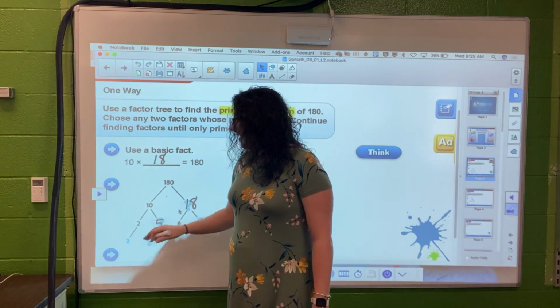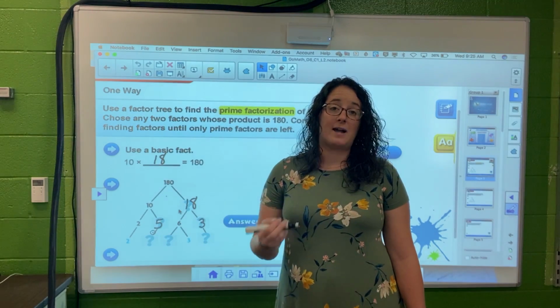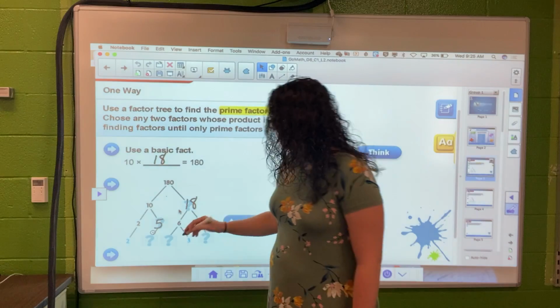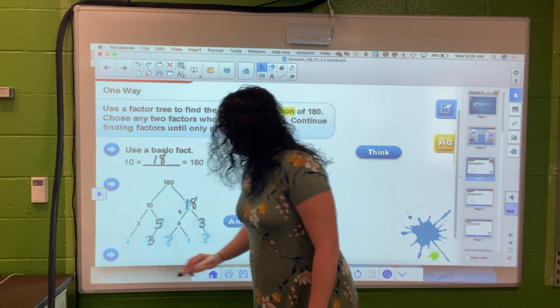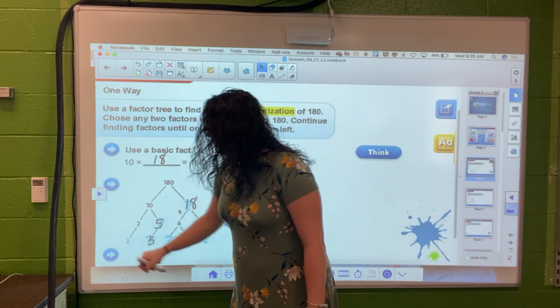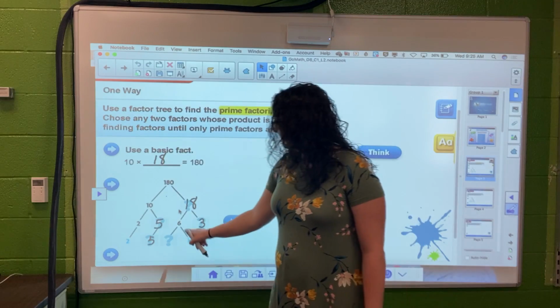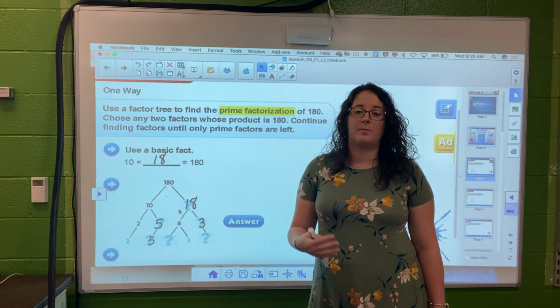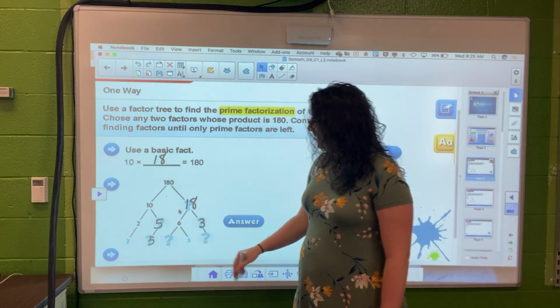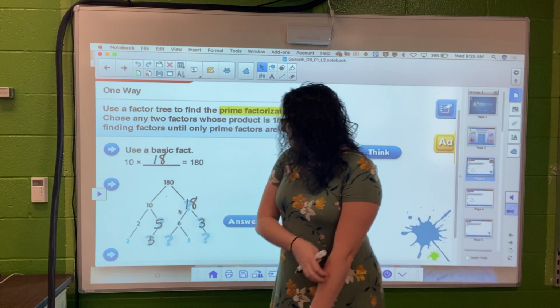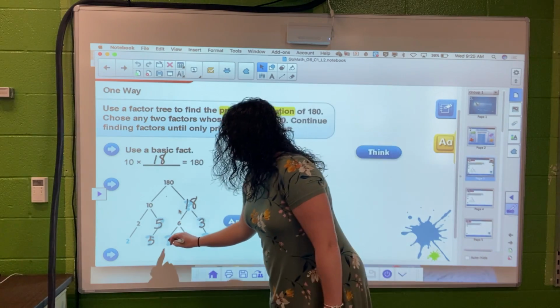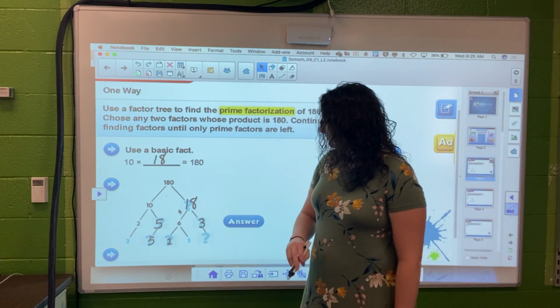5 is a prime number because the only factors are 1 and 5. So we're going to put that down in the bottom. 2 is also a prime number. 6 is not a prime number, so we need to branch that off again. The numbers we need to multiply to get 6 would be 2 and 3.